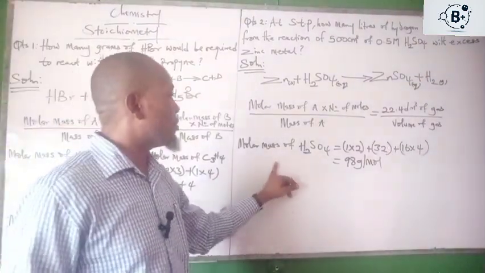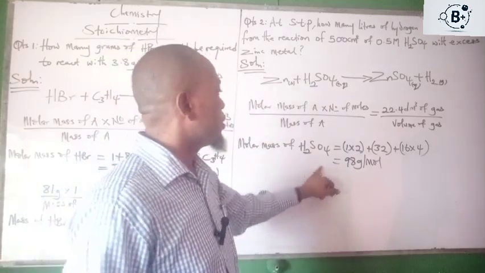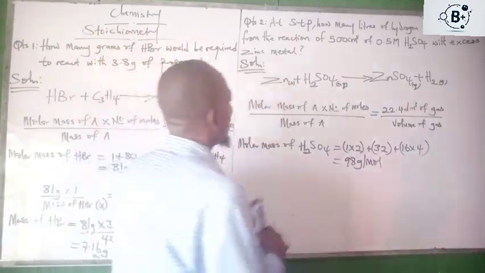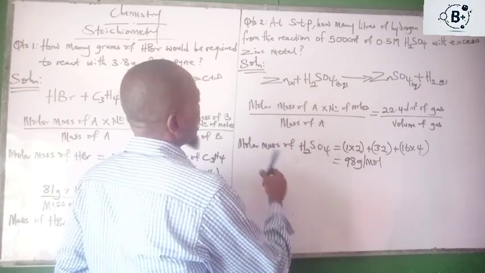Okay, so the molar mass of H2SO4 is 98 gram per mole. So because it's 98 gram per mole, let's bring it into this now.